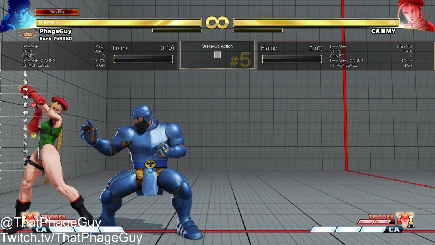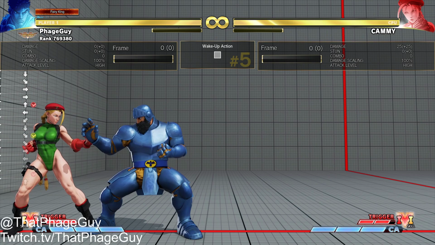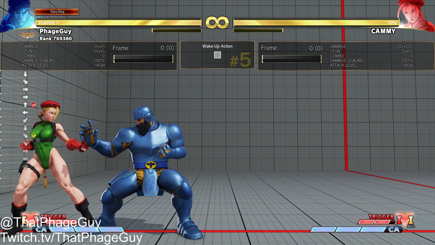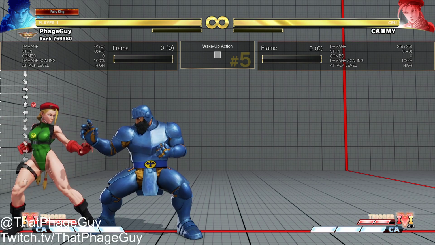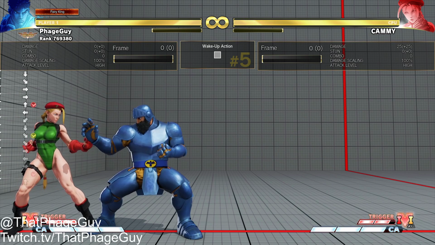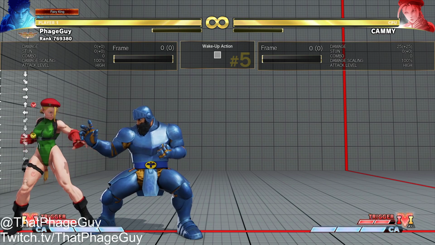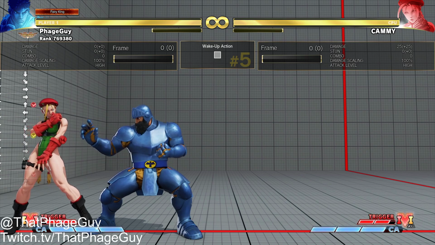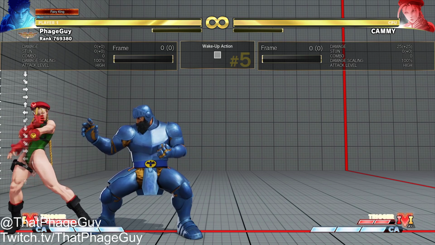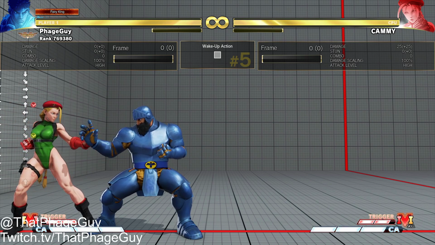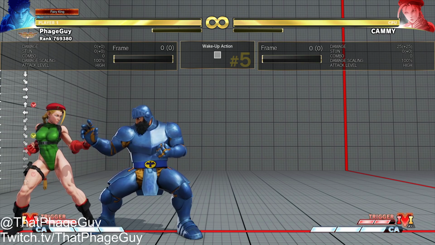Finally, I'm going to move on to a more complex example with Ryu that fits all of this together. And this is actually a mid-screen damage optimal combo for Ryu, so feel free to use this in your matches and dunk on some people. So let's start with the actual route that we're taking.